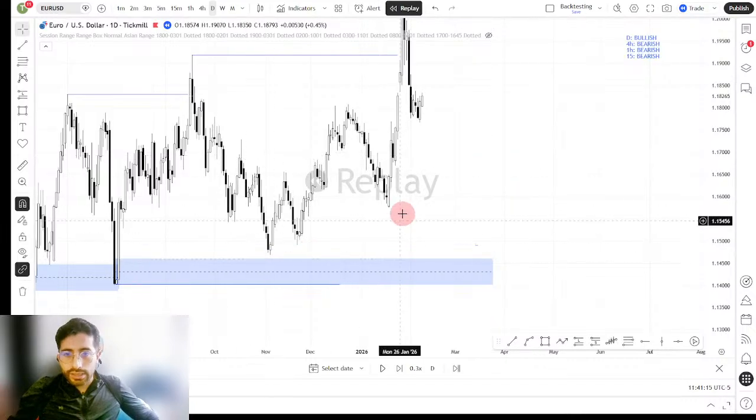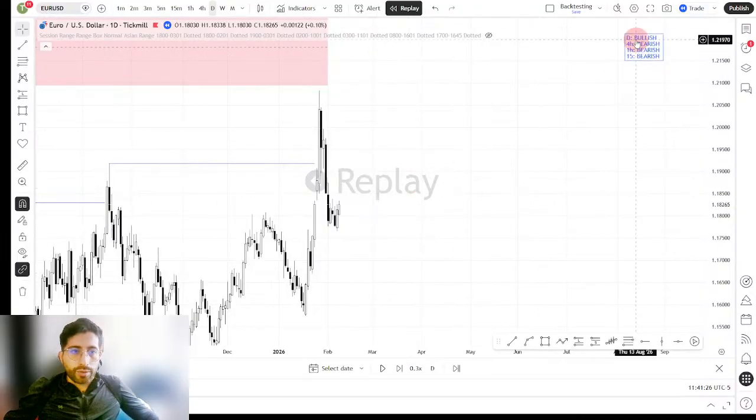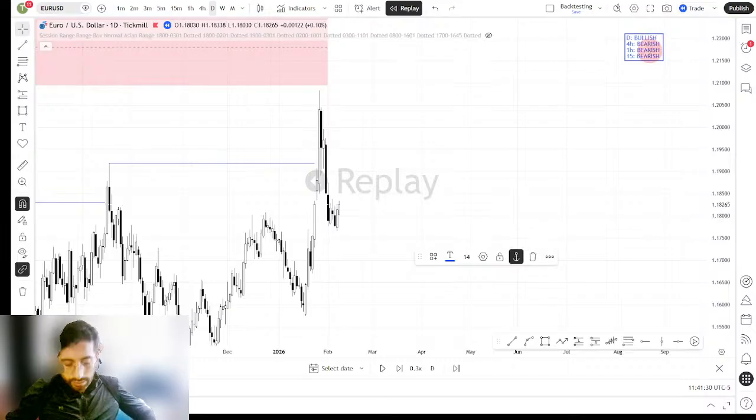I don't take this as a range beginning, because it's liquidity and this order block is not mitigated, so that's why. Perfect. So we're bullish, but we are in a bearish retracement.